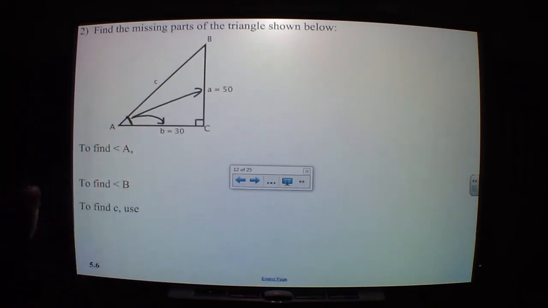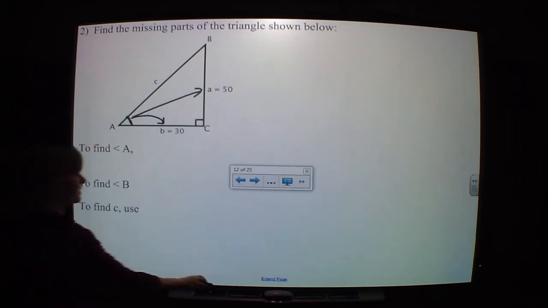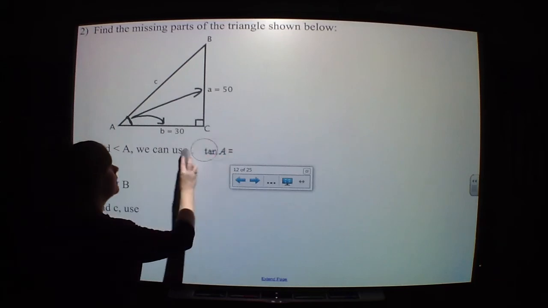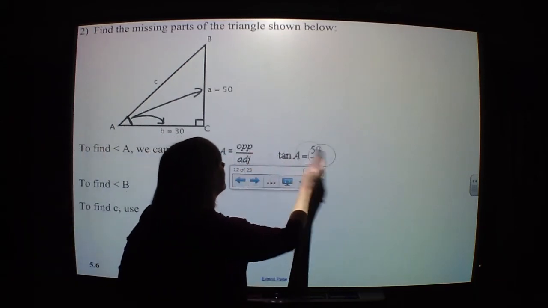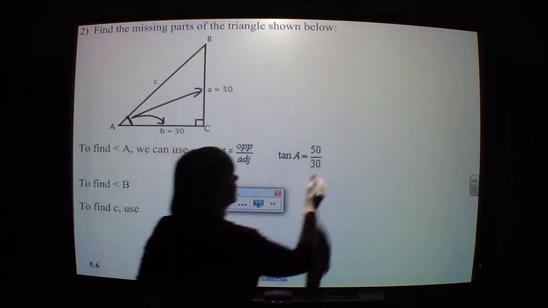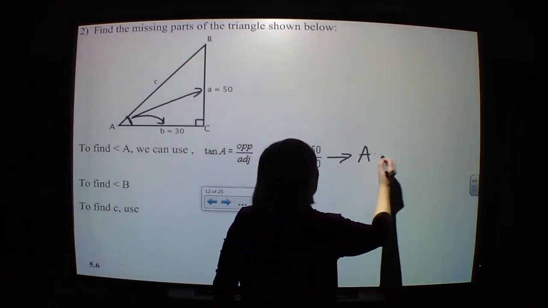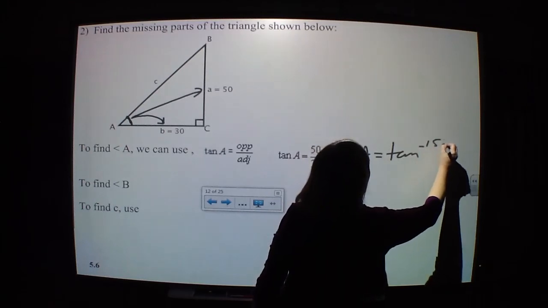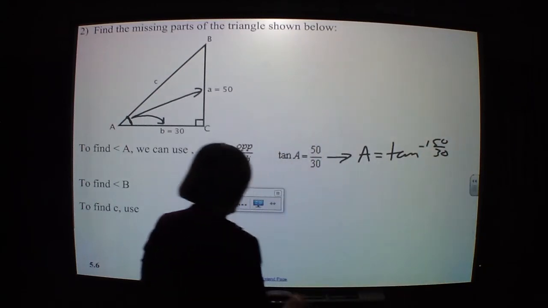Opposite and adjacent is tangent, so I could write the tangent of A is equal to 50 over 30. Okay? And then A is equal to the inverse tangent of 50 over 30, or 5/3.